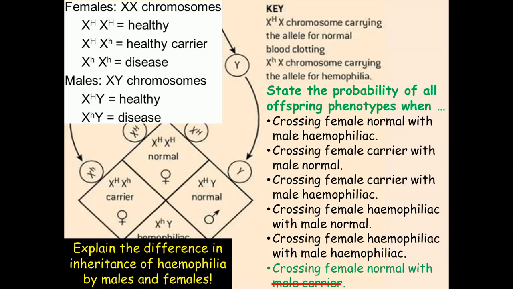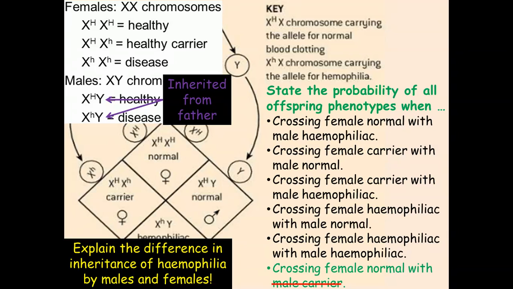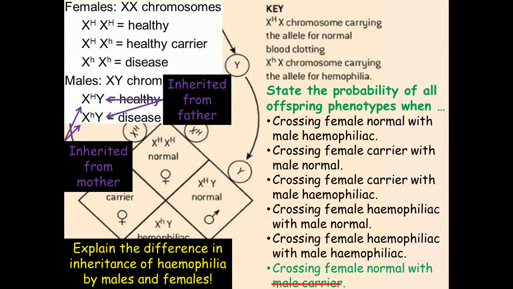So an exam question, explain the difference in inheritance of haemophilia by males and females. We know that males inherit their Y chromosome from the father. So that means that if they're inheriting hemophilia, which is a sex-linked genetic disorder, they will inherit that allele from the X chromosome from their mother.